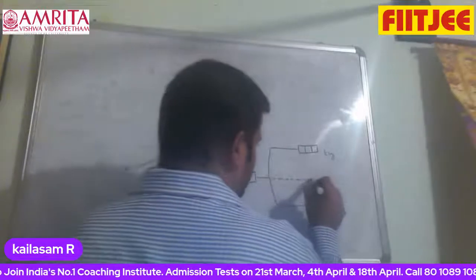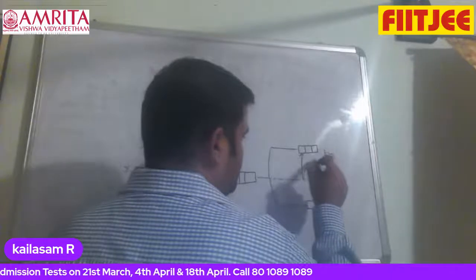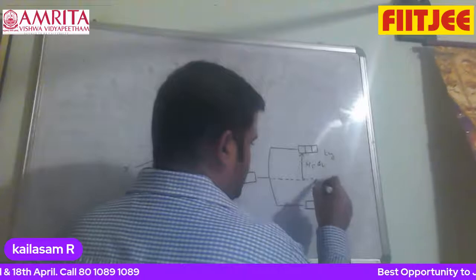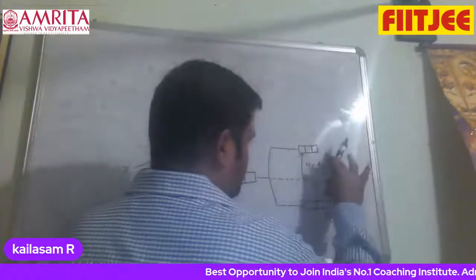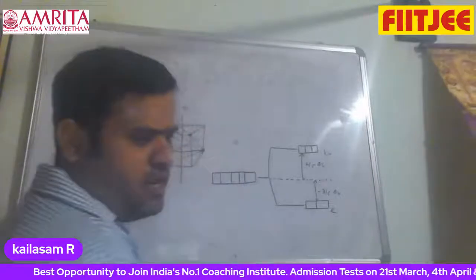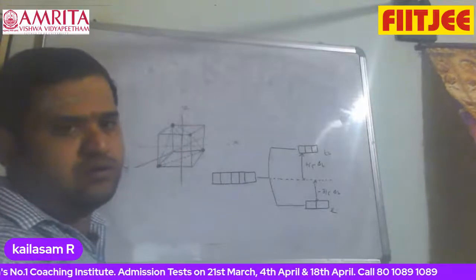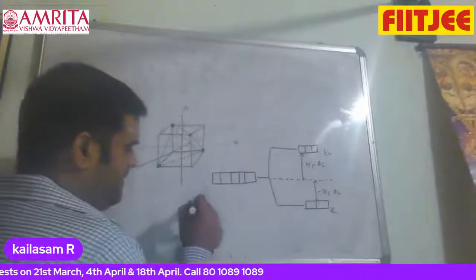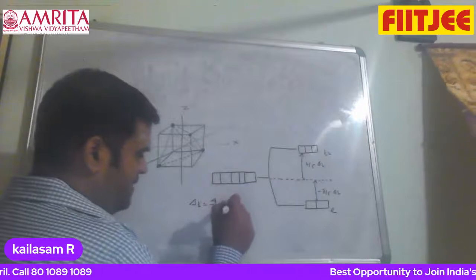Now, you can say that this is 2 by 5 delta T, and this is minus 3 by 5 delta T. This is T2 only, I should say, and this is E only. That's all. All tetrahedral complexes are high spin complexes. That's the reason delta T is equal to 4 by 9 delta O.